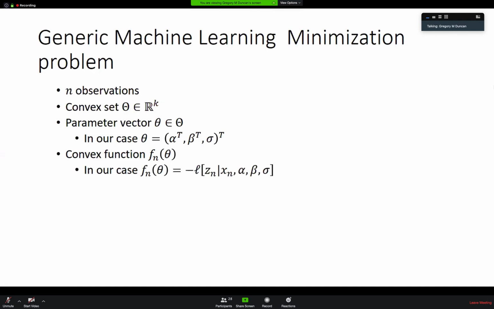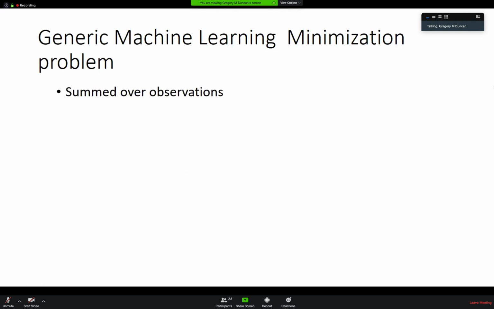In our case, it's going to be minus the log likelihood of z given the xn's and our thetas. Negation converts maximization to a minimization. And then we sum over the observations. That is, f theta is the sum n equals 1 through n of the log likelihoods.